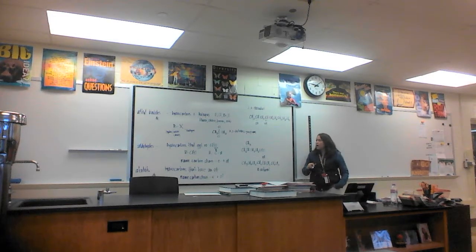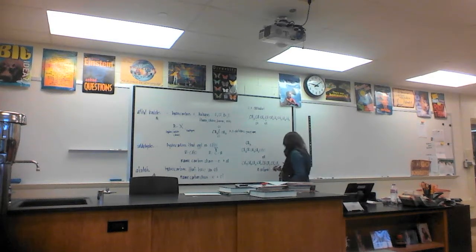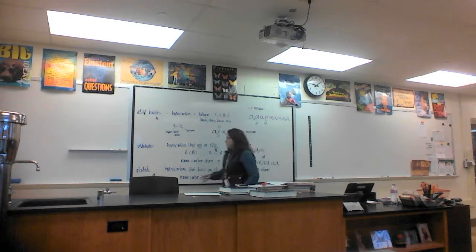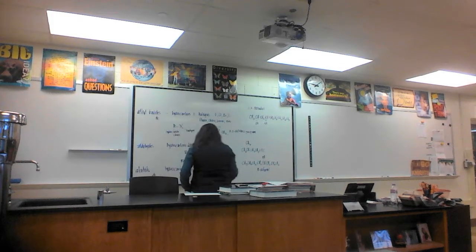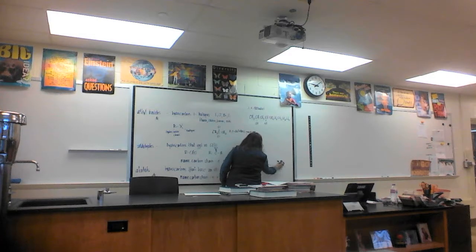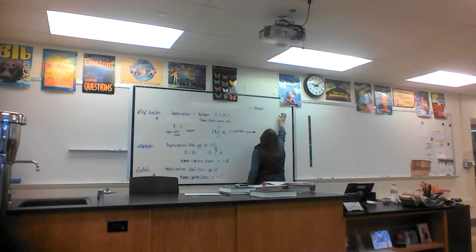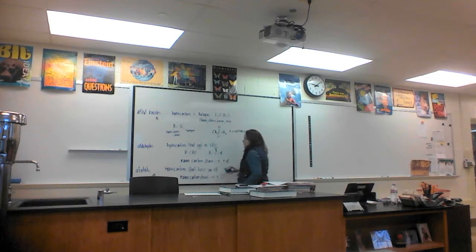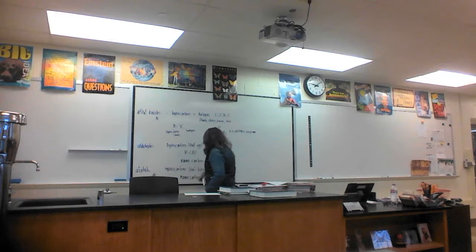The only other thing that I need to go over with the alcohols is, an alcohol sort of is the lowest of functional groups. So it also can be named another way, and it can be named as hydroxyl.